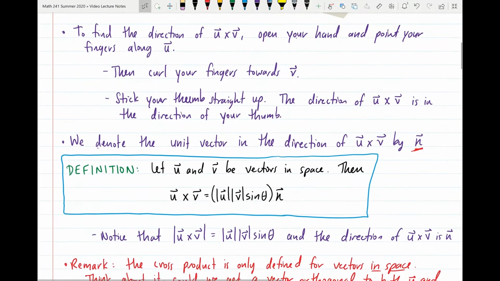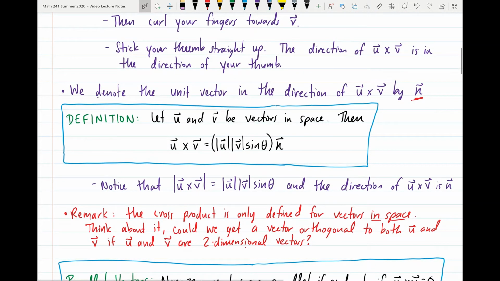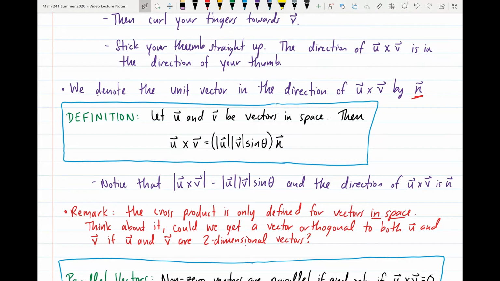And now we can get to a definition of the cross product of two vectors. So if we let u and v be vectors in space, then the vector, which we will write u cross v, is given by the length of u times the length of v times sine of the angle between u and v, all multiplied by the unit vector in the direction of the right hand rule, which we just said was n.